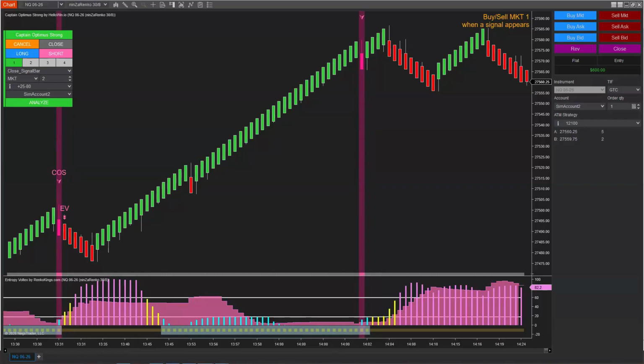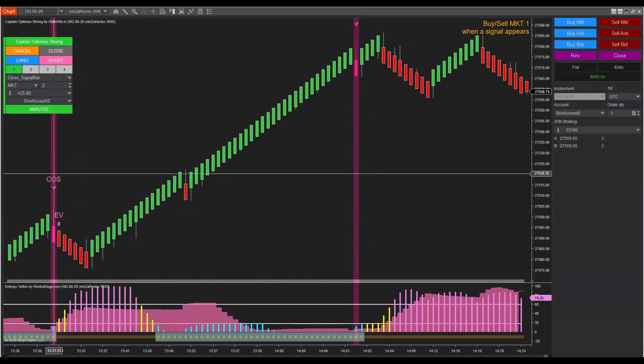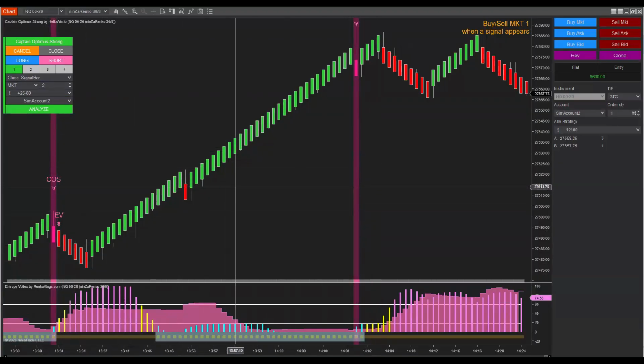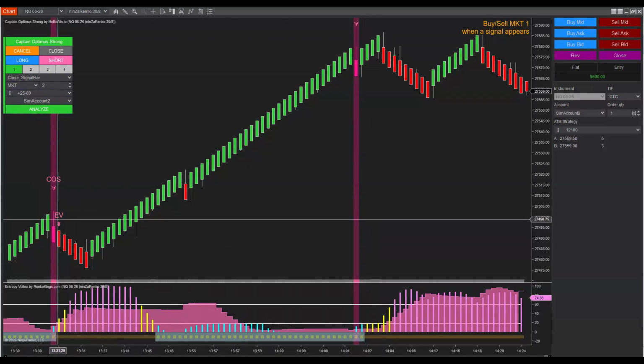Chart Trader. Are you talking about the Captain Optimus? This is software that would be able to automate these signals. When a signal appears, you see those purple lines here. This is Captain Optimus, the software that would take the trade for you.